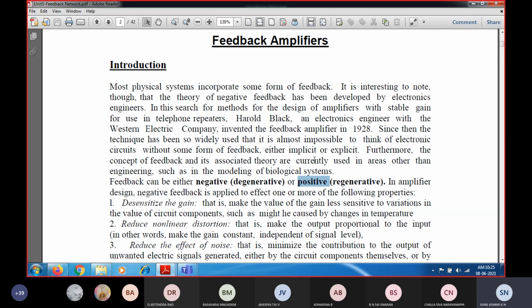This feedback can be either negative or positive, as I told. Negative feedback is called degenerative feedback, and positive feedback is also called regenerative feedback. The word degenerative has been used in module 1, where we used it in the common emitter, with emitter resistance added in series to the emitter terminal.